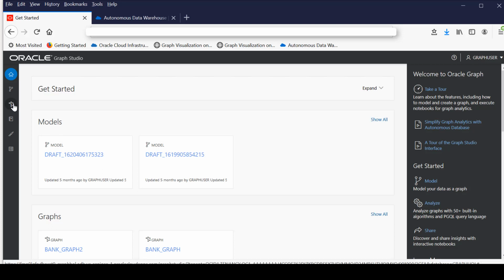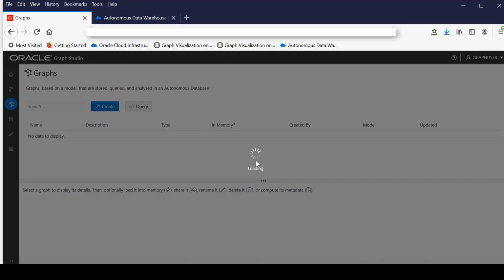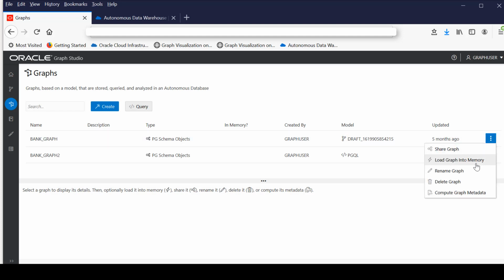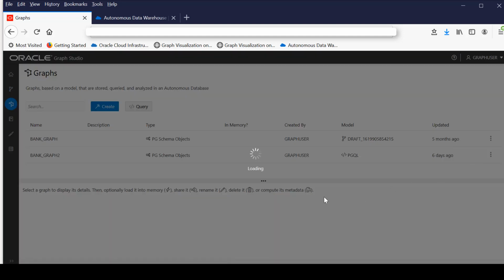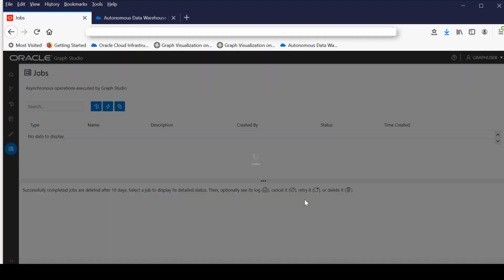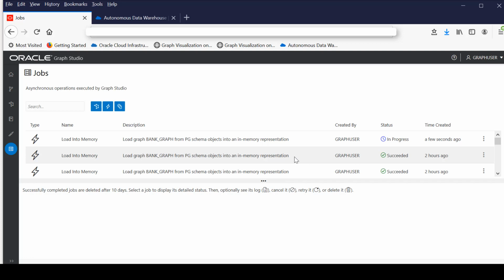I've already created this graph using the vertex tables and edge tables example that I was showing you earlier. I'm going to use this bank graph that's stored in the database. I'm going to load it into memory because we have this in-memory graph server for high-speed graph analytics and graph queries. So I'm loading this data set into memory. And now that that's done, you can see here it succeeded.